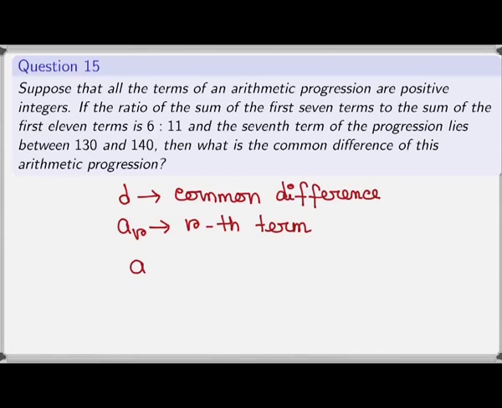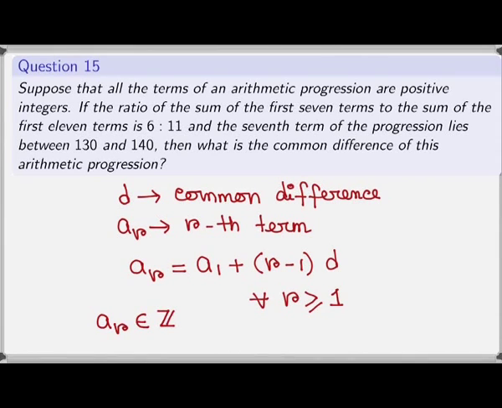Therefore, we have AR is equal to A1 plus R minus 1 into D for all R bigger than or equal to 1. We are given that AR belongs to the set Z strictly bigger than 0. That means AR is a positive integer for all R bigger than or equal to 1.